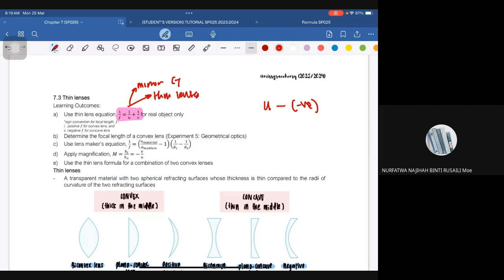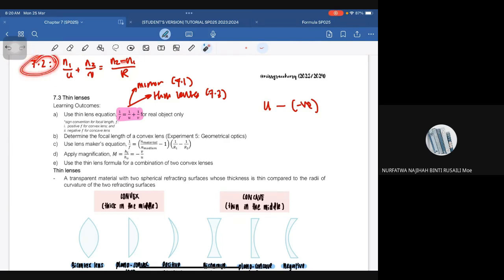So basically subtopic 7.1 and subtopic 7.3. 7.2, which is on spherical surface, the only formula that you will be using is n1 over u, and then n2 minus n1 divided by r. Tapi untuk 7.1 and 7.3 kamu ada this formula that you will be using lah. Tapi untuk 7.2 based on the learning outcome sepatutnya kamu guna ini je lah.